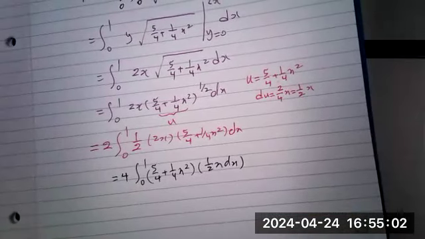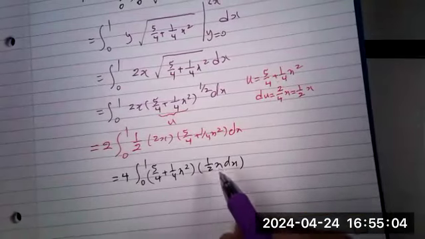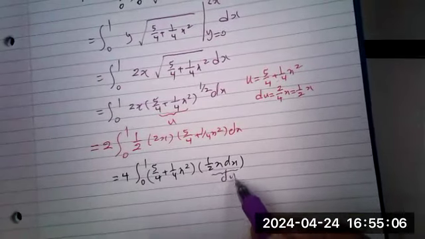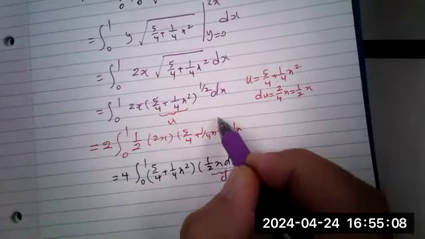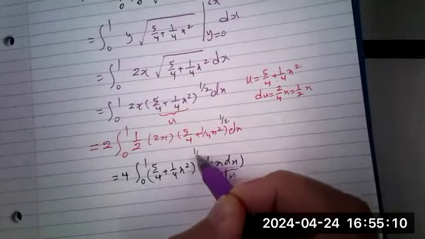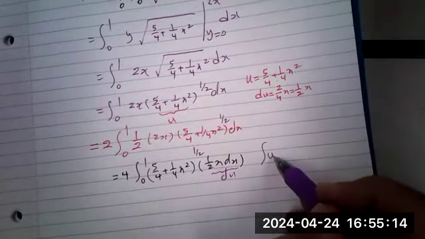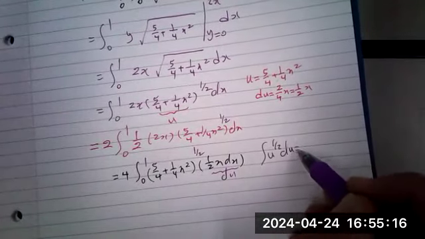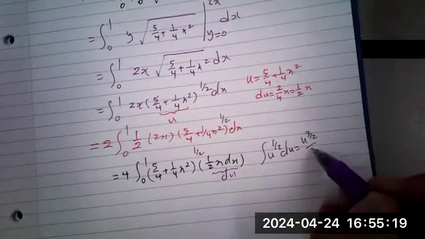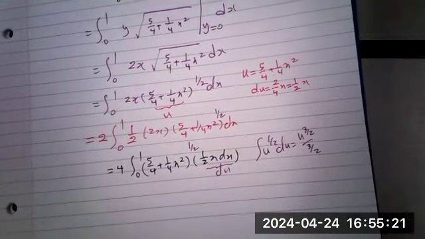You see, this is now du. And of course, this is to the 1/2. Now I integrate only u to the half, which is going to be u to the 3/2 over 3/2.